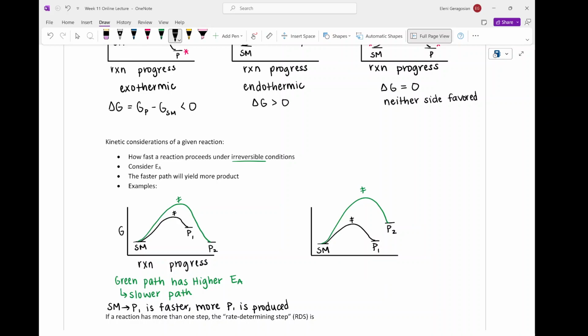P1 is more stable, but also it has a lower activation energy, just like the first example. So the green pathway again is slower.